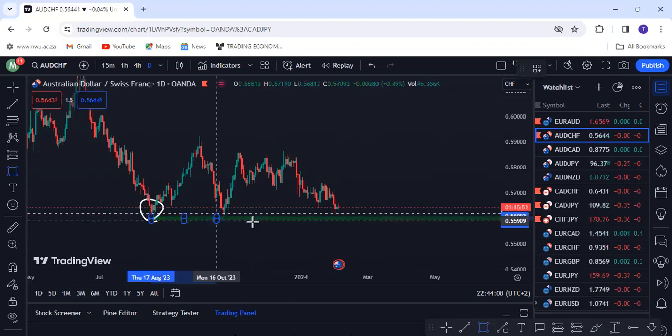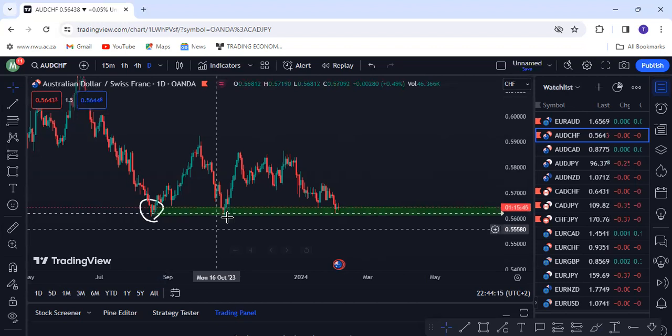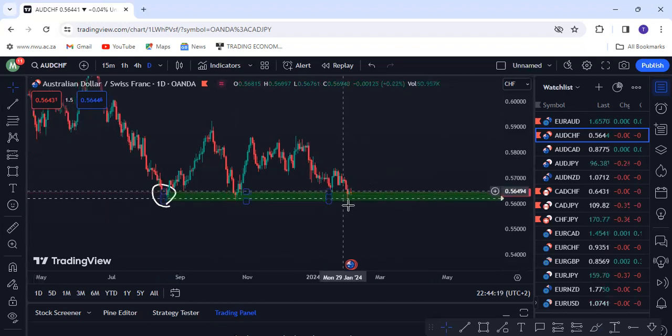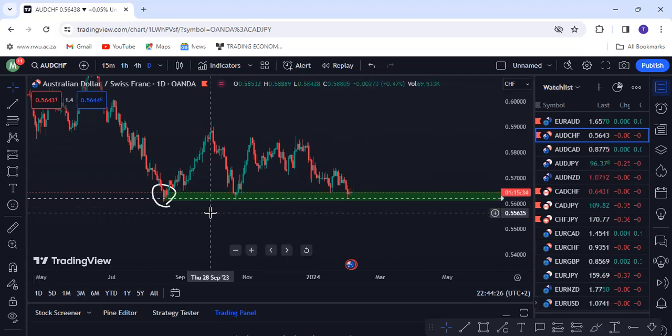Then this is a confirmed demand zone. We have this test of this demand zone here, and then we also have another retest of the zone. Now, a lot of traders will say that when a zone is traded multiple times, it becomes strong, right?